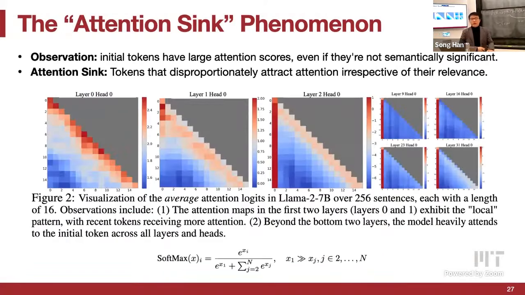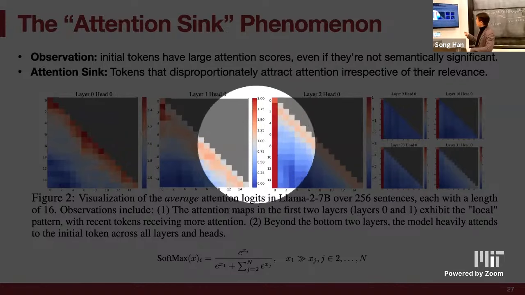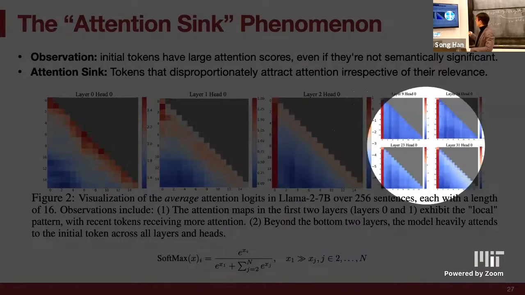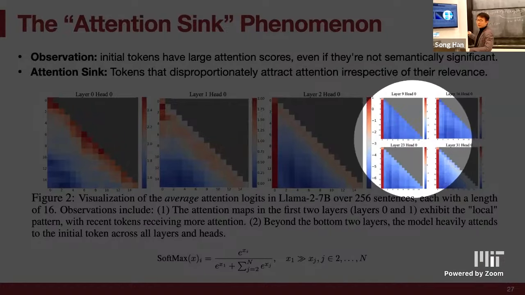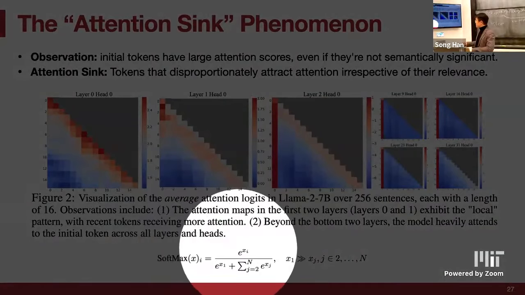So we observed an interesting phenomenon called the attention sink phenomenon, where starting from layer 2, the first token is very heavily attended. This is the attention map. The first token is all red. Similarly, for other layers and other heads, the first token is all red. It's very heavily attended. Why is that the case? Because we are using softmax, and for different tokens the attention scores need to sum up to 1.